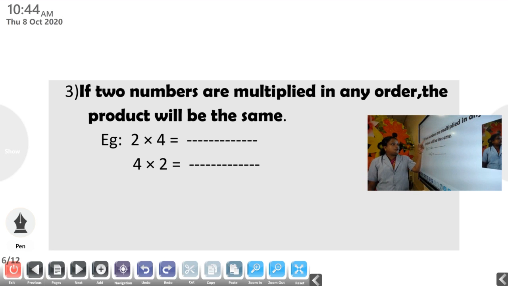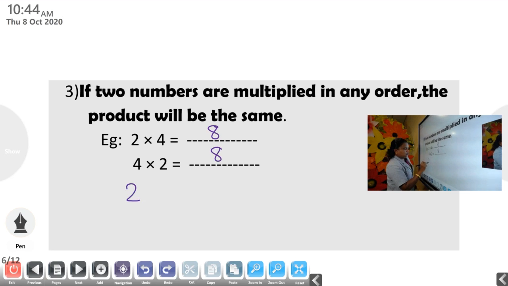Then third property, if two numbers are multiplied in any order, the product will be the same. For example, 2 into 4. What is 2 into 4? 2 into 4 is 8. Then 4 into 2, or 4 twos are 8.